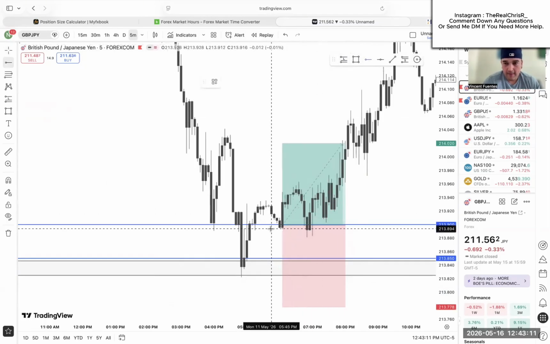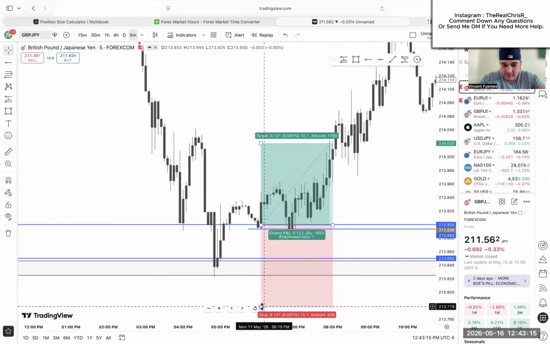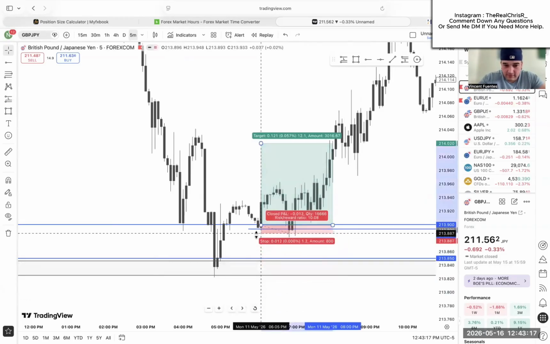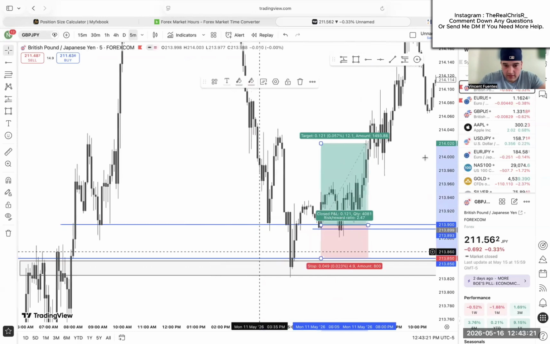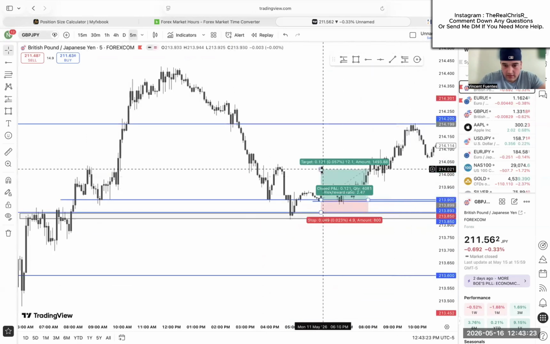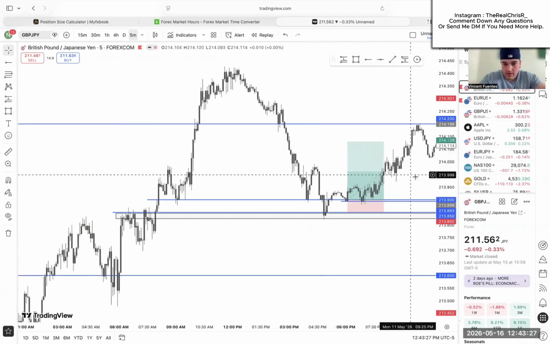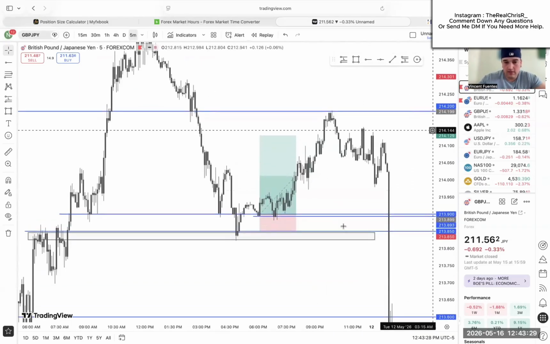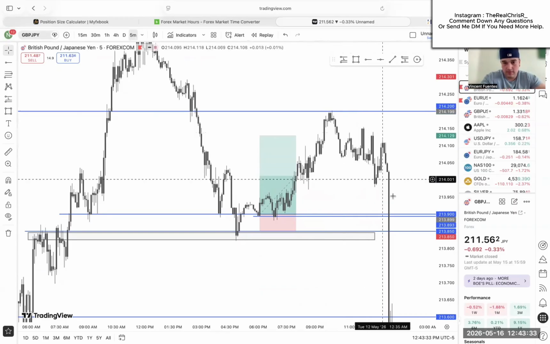Price never broke this structure, so we never transitioned back into sells. I had my stop loss right there, if it came there I was gonna get out of my trade. And my take profit was right here because I don't like to be greedy, because sometimes the market will touch your thing and just do a full-on reversal, you know?